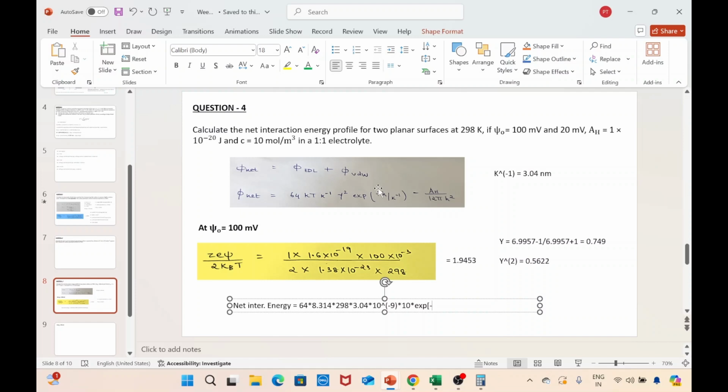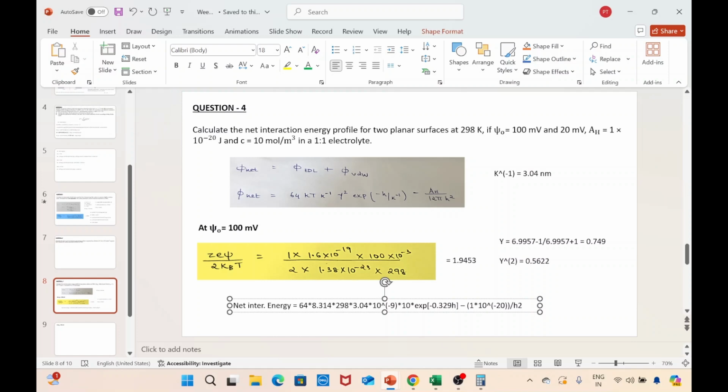If you take the reciprocal, it will be 0.329 times h, minus your Hamaker's constant, which is 10 to the power minus 20, by h square.